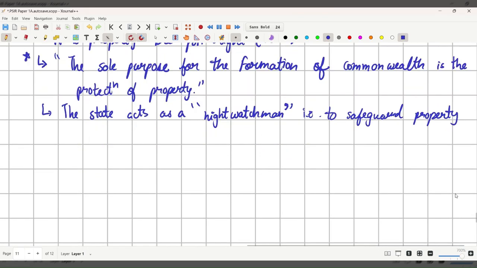Then basically the state cannot take property, including tax, without the consent of the governed.